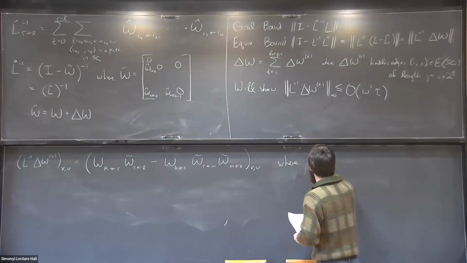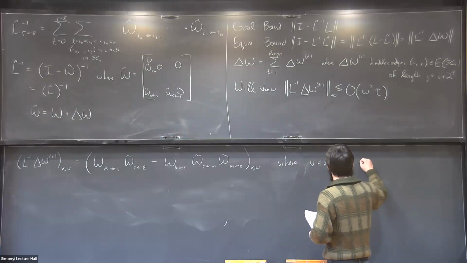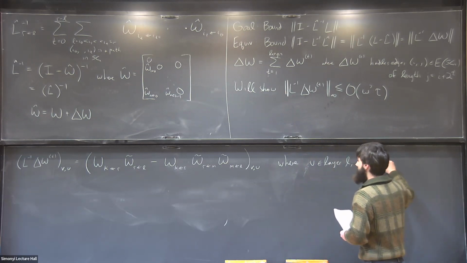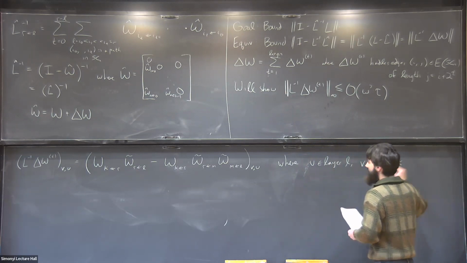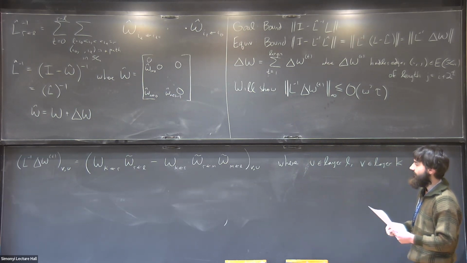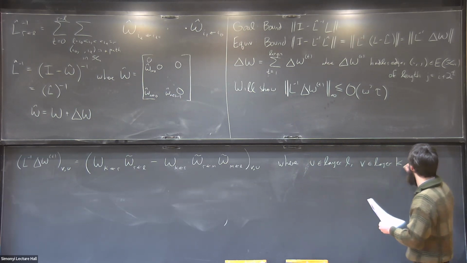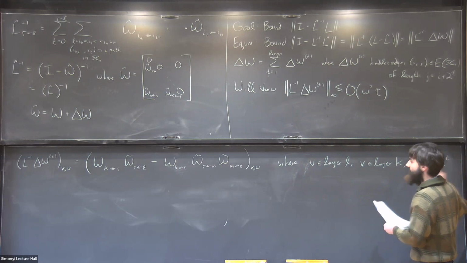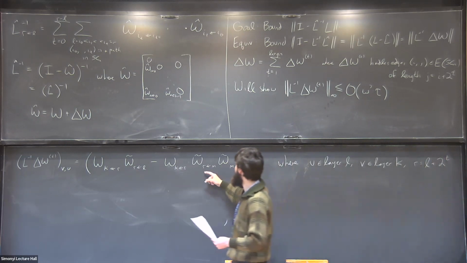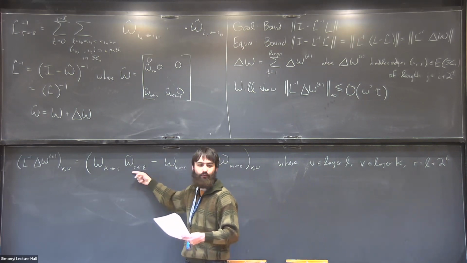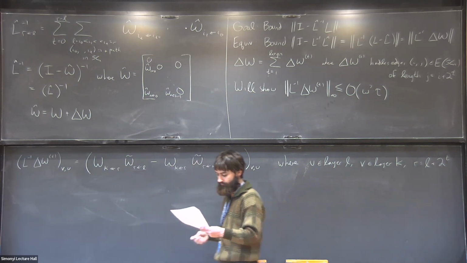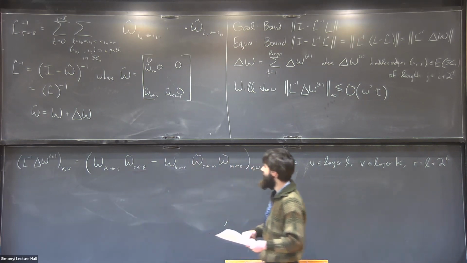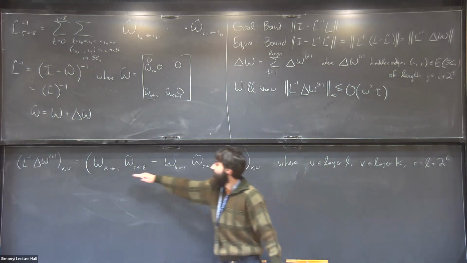U is in layer L and V is in layer K, and R is L plus 2 to the t, the number of steps of the pseudorandom walk we do.